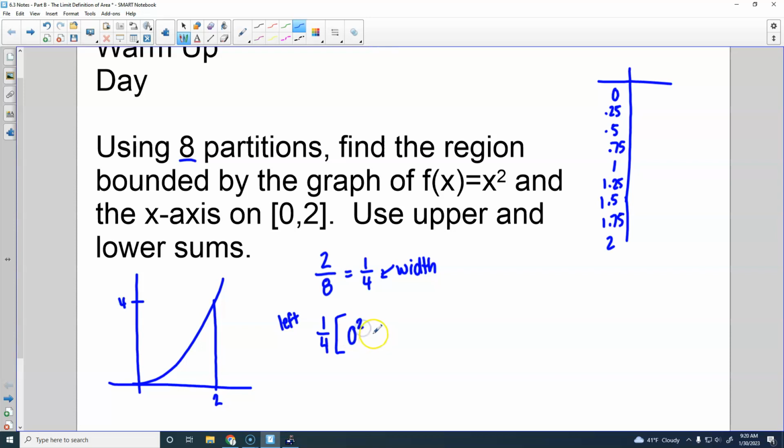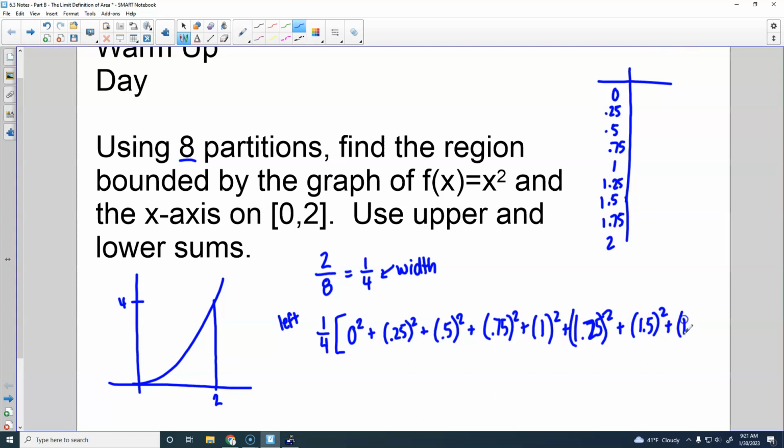So I'll have 0 squared plus 0.25 squared plus 0.5 squared plus 0.75 squared plus 1 squared plus 1.25 squared plus 1.5 squared plus 1.75 squared.